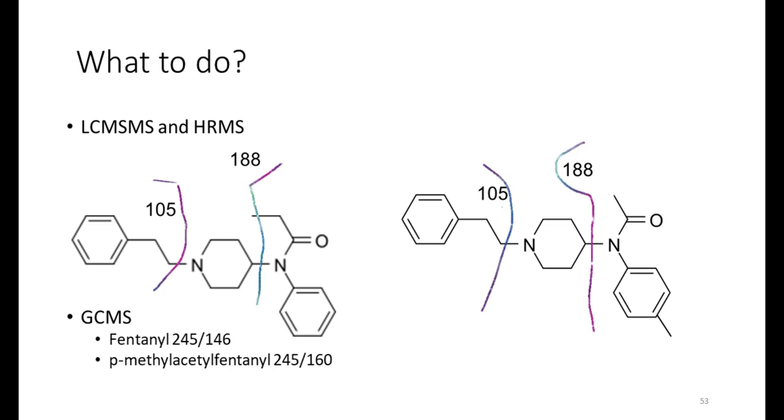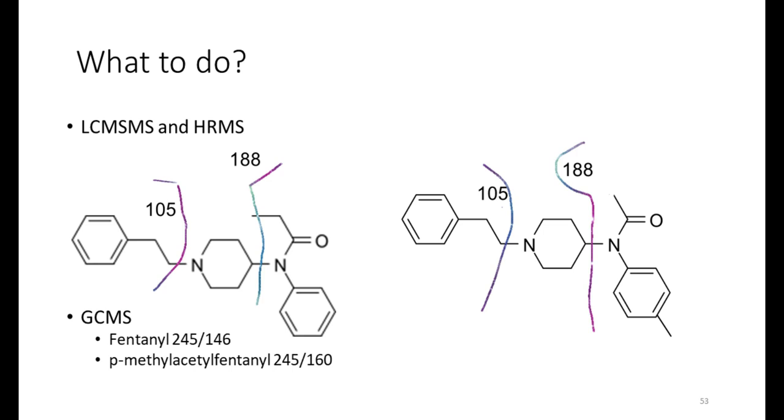So the only way to tell the difference between these two molecules is to use a different technique, GCMS, which gives the same major product ion of 245, but a differential ion of 146 for fentanyl and 160 for paramethylacetyl fentanyl. So what happens here, though, is that you can't expect standards to prevent all errors in a lab.